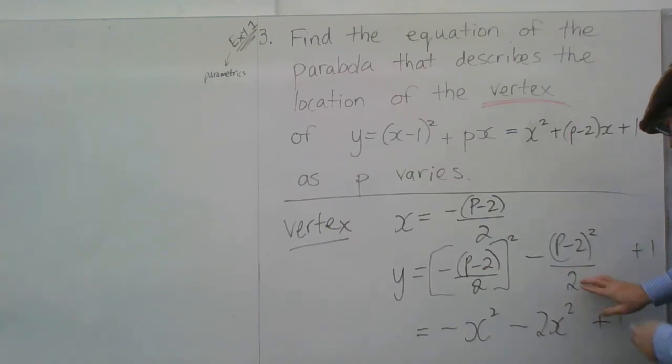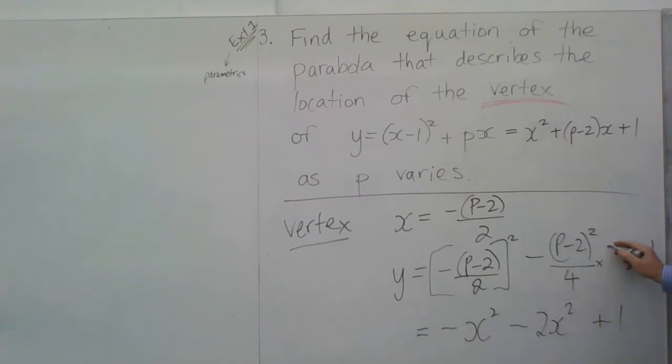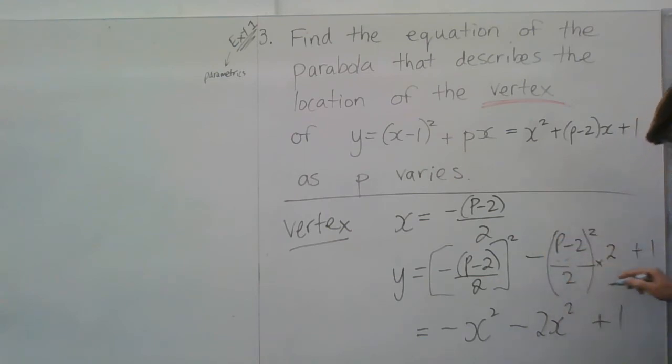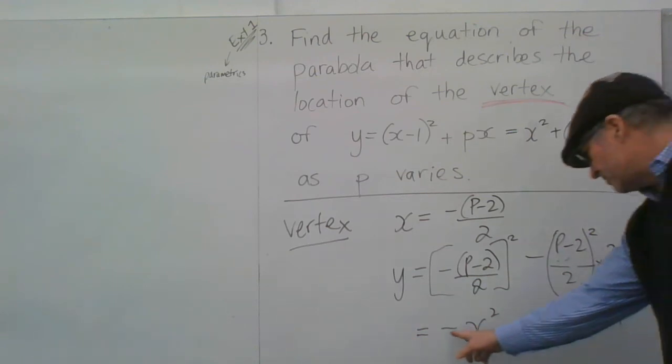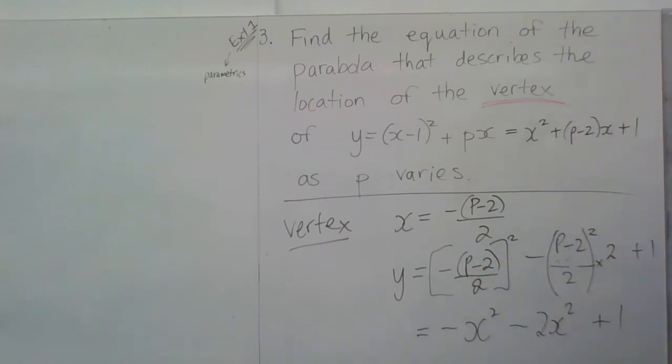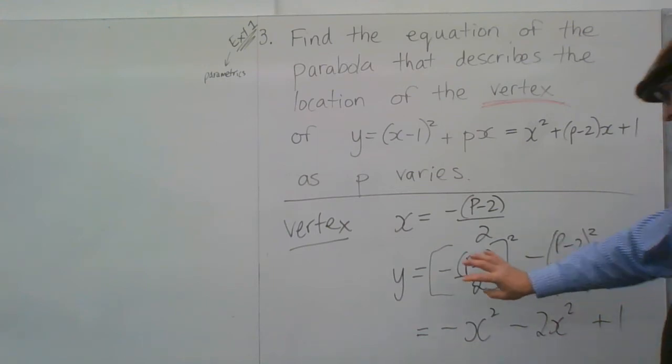Because if I decide to make that over 4 instead of over 2, then I need to times by 2, because it's supposed to be over 2, and the whole thing is being squared. That's where I get my 2x squared from. So that's minus 2 of that, and if you square that, that's just x being squared.